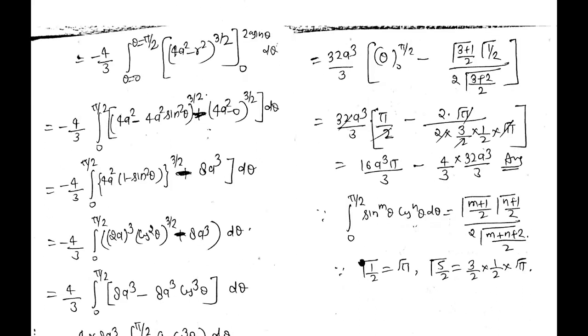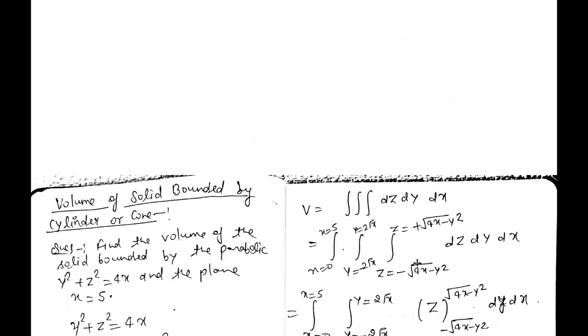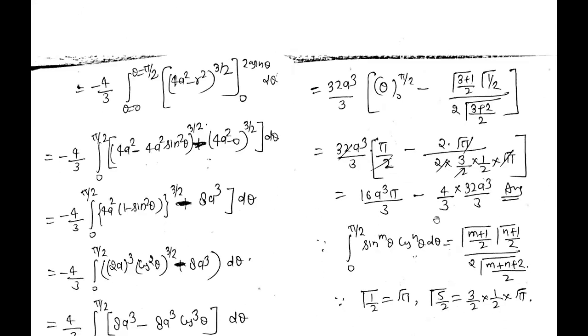So after applying the gamma function and solving this, this is your final answer, right? And gamma 5 by 2 value will be 3 by 2, 1 by 2 into root pi, and gamma 1 by 2 value is always root pi. So after calculation you got your solution like this, right?